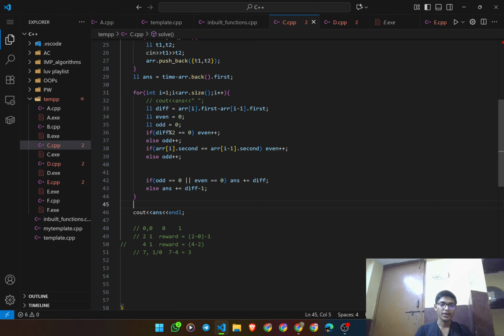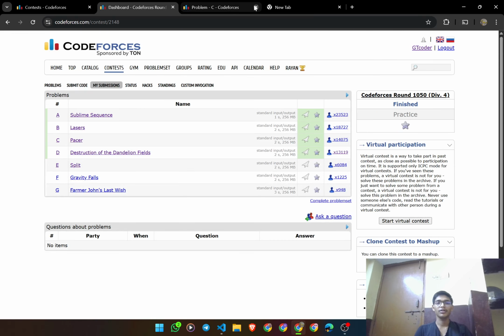And at the last, the calculation from the last index to the final time, the time up to which we have to run, we have already added it. So now this is the solution for C. Let's see D.